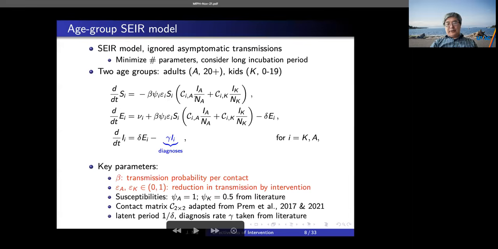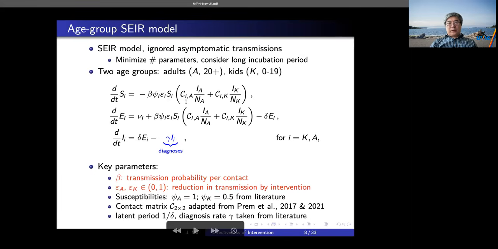We have adapted the matrix from the literature to these two age groups. And beta is the probability of transmission per contact that is multiplied with the contact rate C. And we have the susceptibility psi in each age group, and psi of adults would just be 1. And psi of the kids is set to 0.5 from literature.